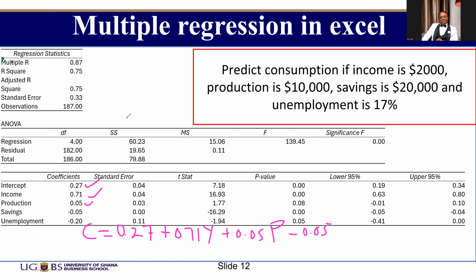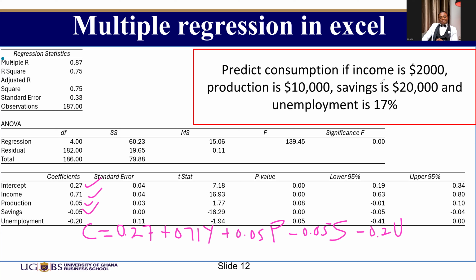What I'm doing is called the estimated equation. Savings, that's for this one. Then you do minus 0.2 unemployment. You don't need to bring the error term because by the time you estimate the model, the error term is gone. So now, this is the equation.